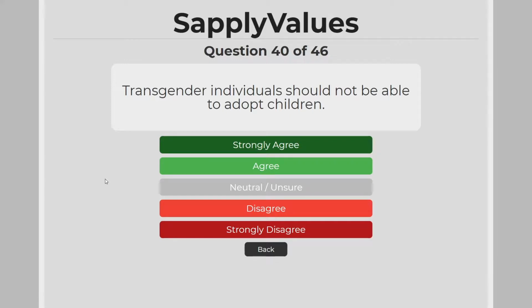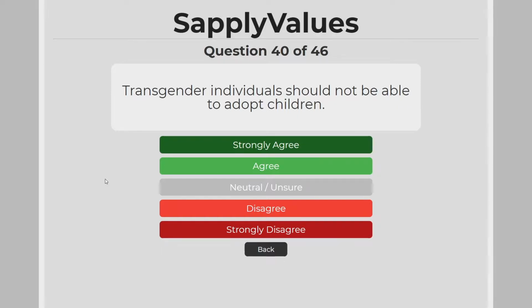Transgender individuals should not be able to adopt children. Obviously, a conservative would make the argument that transgenderism is a mental disorder. But to me, there are a lot of mental disorders out there that we live in society perfectly fine with, like for instance ADHD and autism.